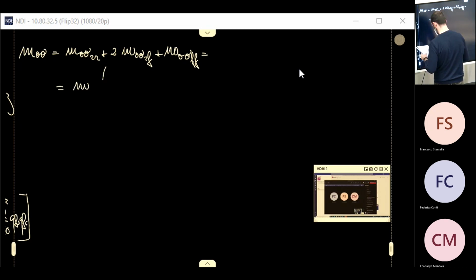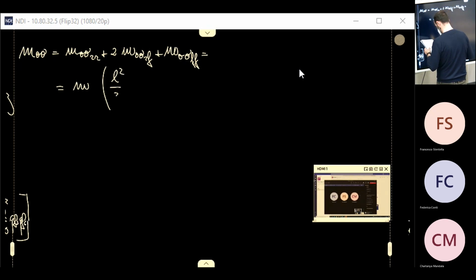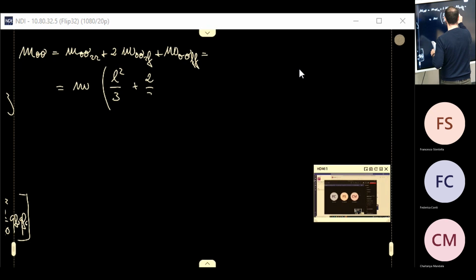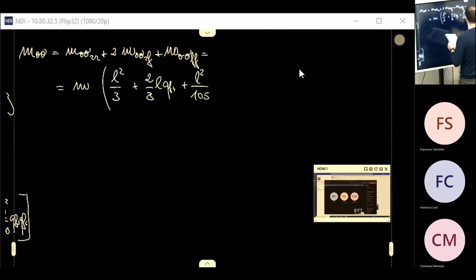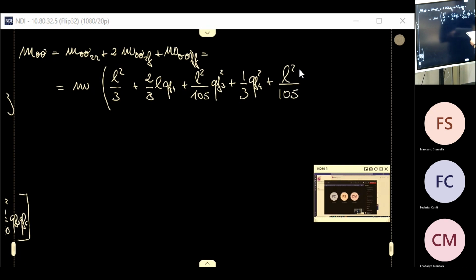M multiplying s squared over 3 plus 2/3 LQF4 plus s squared over 5 QF3 squared plus 1/3 QF4 squared plus L squared over 105 QF6 squared minus S squared over 70 QF3 times QF6. And as you can see here, it's highly nonlinear in the QF.